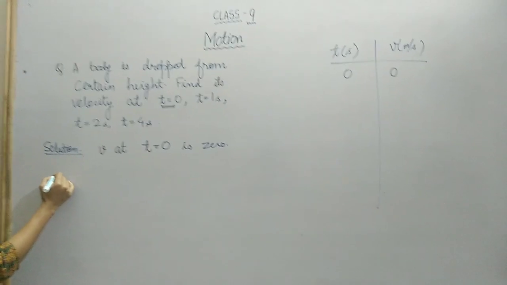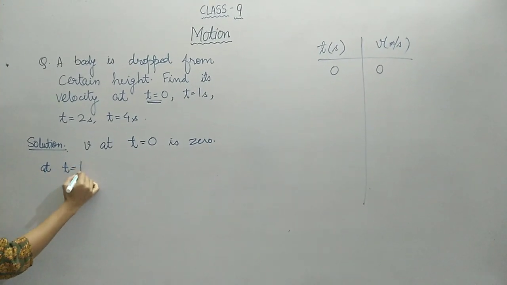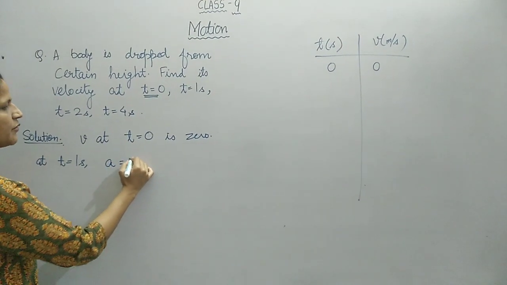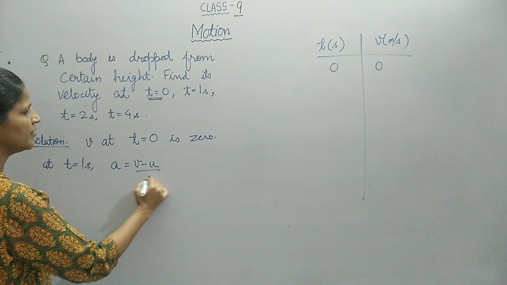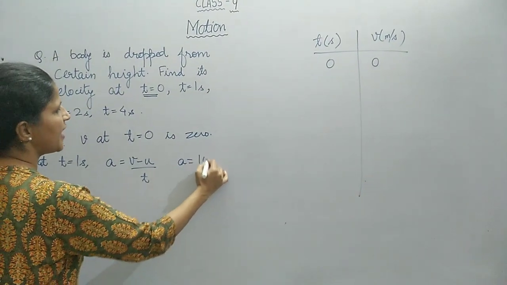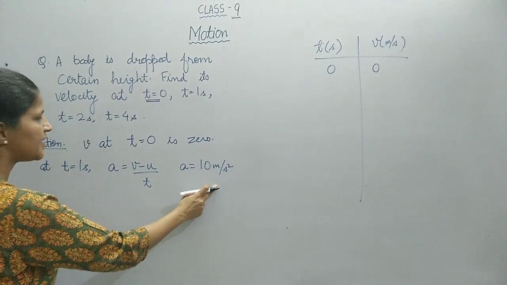Now, let us see what will be the velocity at t equal to 1 second. At t equal to 1 second, using the formula of acceleration, a is equal to (v minus u) upon t. For downward motion, we take the value of a as 10 meter per second square with a positive sign because it is accelerating.